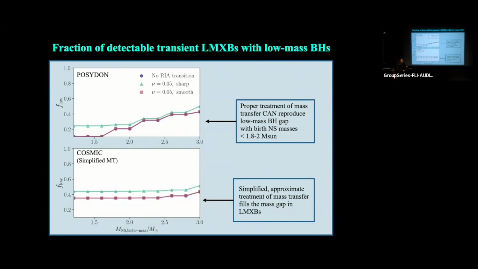So our conclusion is that if we treat mass transfer to the best of our ability, then you can hide low mass black holes. The filling factor can go down to about 10% or 20%. Are our models perfect? Of course they're not.